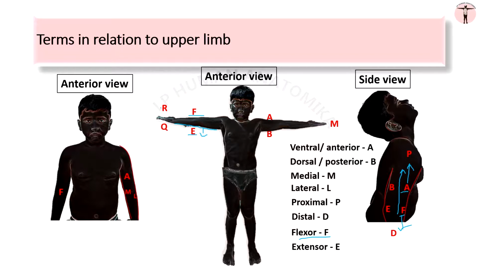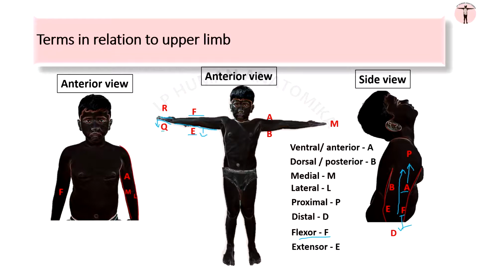So here, R is that aspect of the palm, okay, this is the palm, and this is the dorsum of the hand. That is, the posterior aspect of the hand is the dorsum. Even if it is directed downwards, we call it the posterior aspect of the hand or the dorsum.